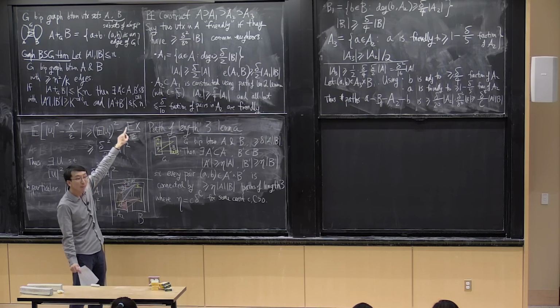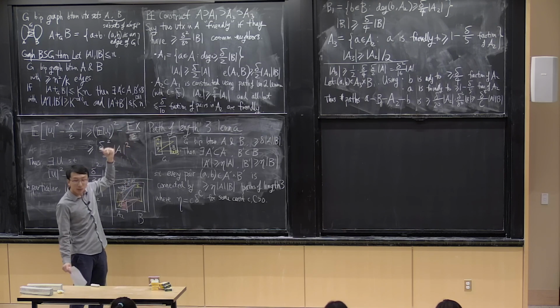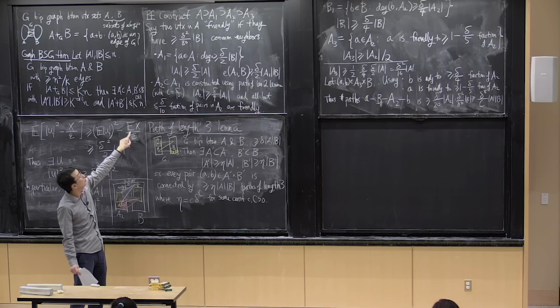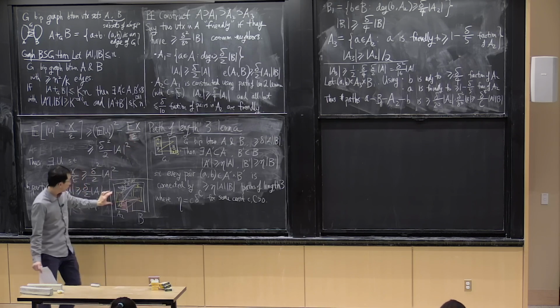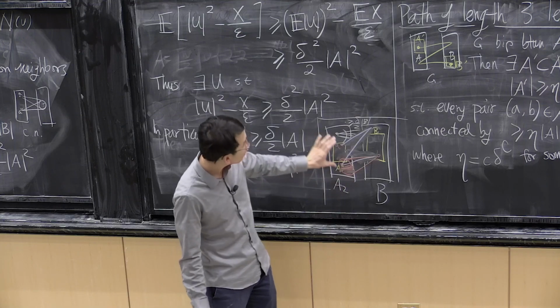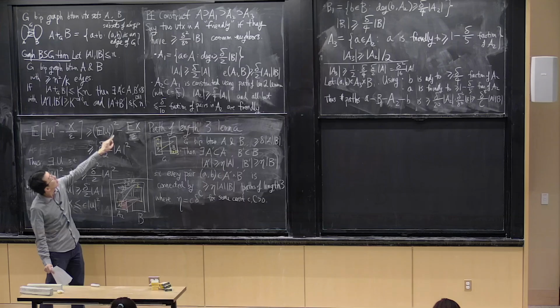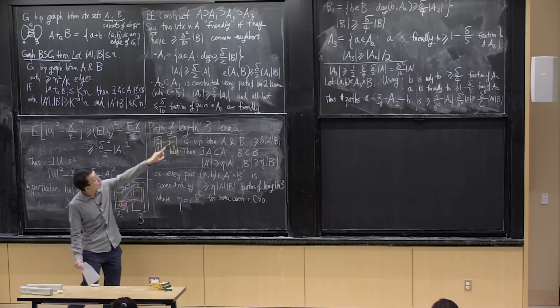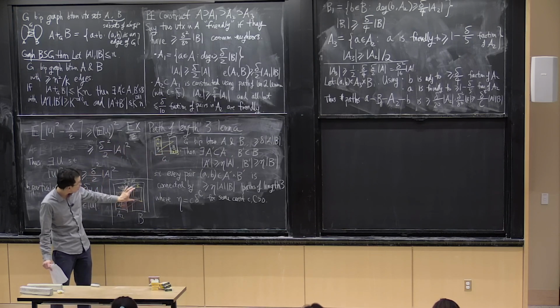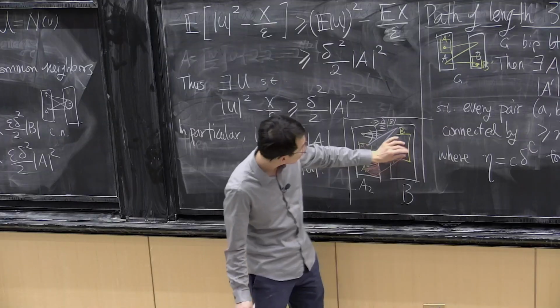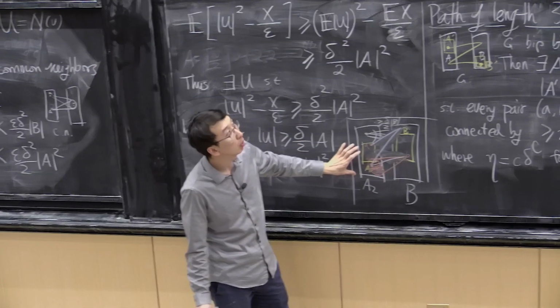So we get A1. And then we apply the path of length 2 lemma to get A2. Inside A2, most pairs of vertices have lots of common neighbors, but not all. We then go back to B to get B1, which has large minimum degree to A2.